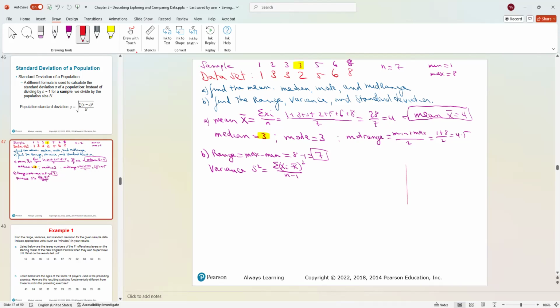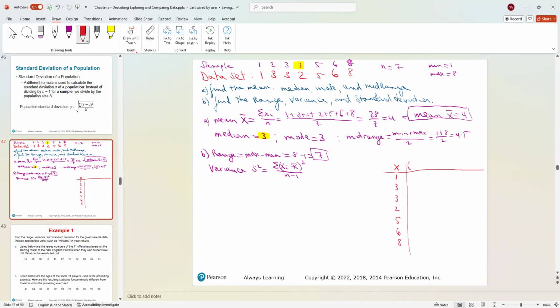It's always better to use tables, right? We're gonna call this column x, and the numbers are 1, 3, 3, 2, 5, 6, 8.